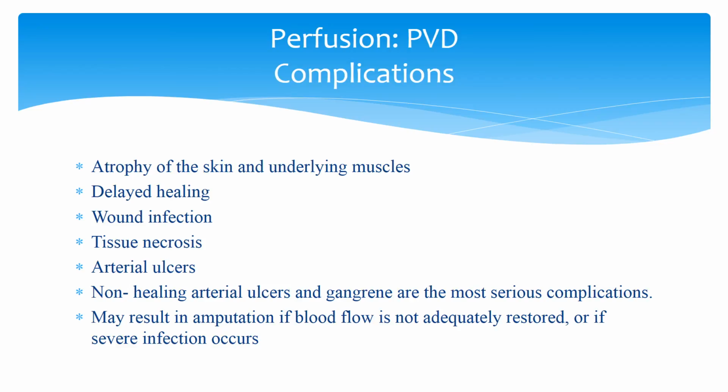It's not getting the blood and the nutrients needed to heal and to grow, and all of that is necessary for our bodies. So anytime that we're looking at this, we want to make sure that we're assessing for, and ruling out, and making sure that these patients do have good perfusion, because in the event that they don't, then we could possibly look at a patient losing a limb, or possibly a gangrenous area or necrosis. So we just want to make sure that we're meeting that objective.